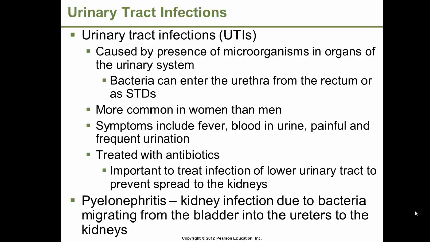Since they are bacteria, they can be treated with antibiotics, and it's important to treat the infection of the lower urinary tract to prevent it from traveling upward to the kidneys. Pyelonephritis is the term used to describe a kidney infection due to bacteria that has migrated from the bladder into the ureters to the kidneys.